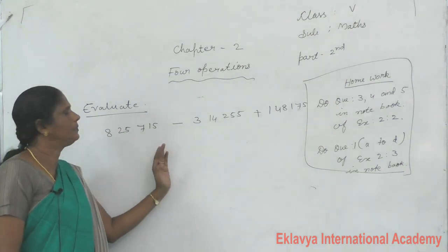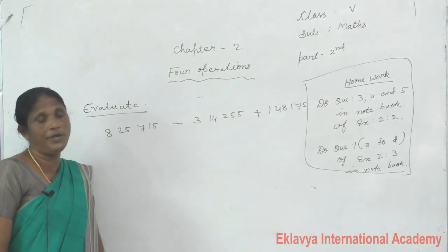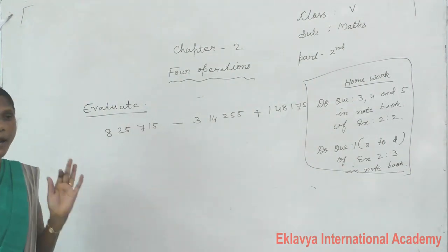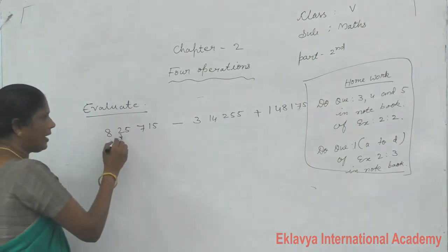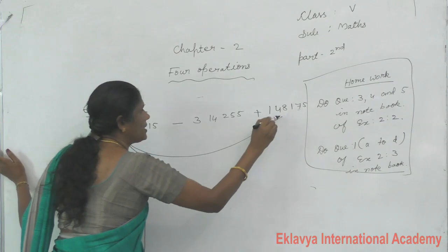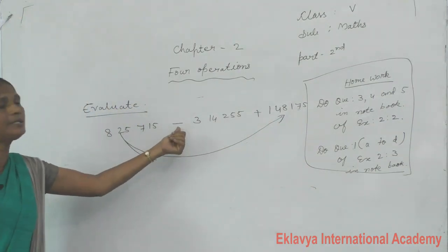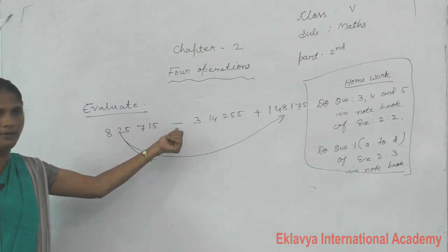Look carefully. Subtraction and addition. Which two numbers are added here? First and last number. Here the addition sign comes, but the first and last number do not have an addition sign between them. This sign is the minus sign.